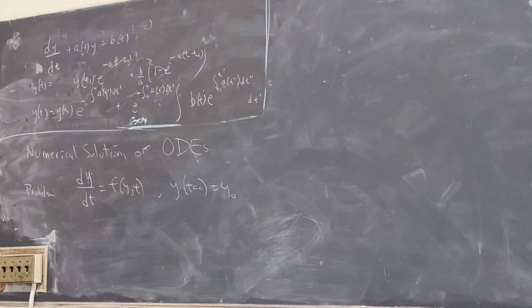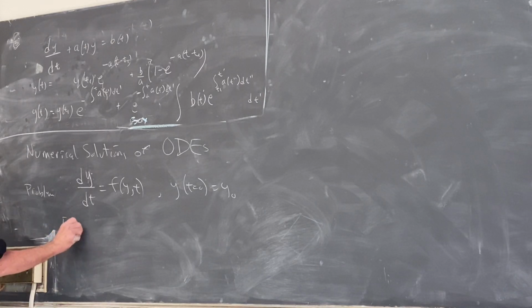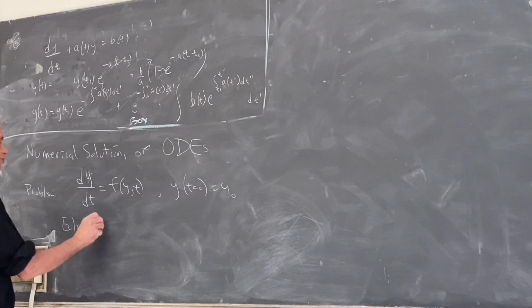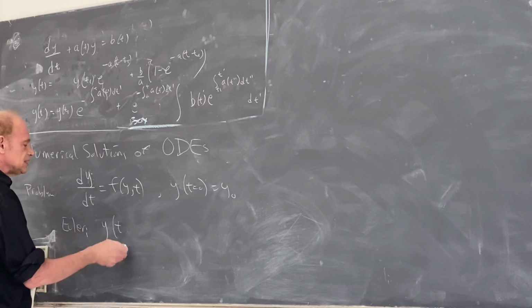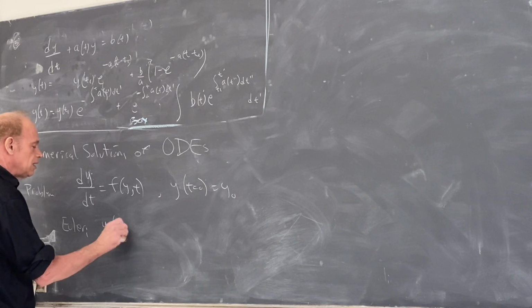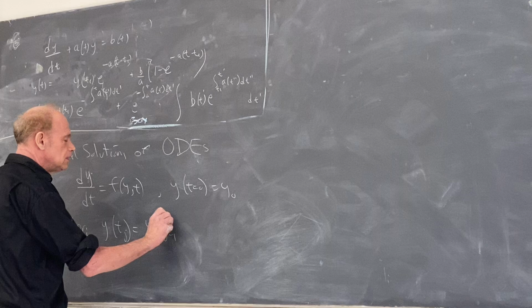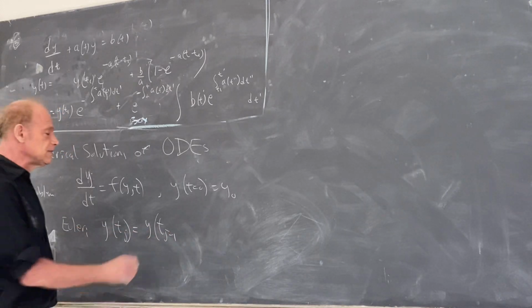Well, the simplest method is Euler's method. In Euler's method, we write y of tj equals y of tj minus 1, where obviously I'm labeling the times.